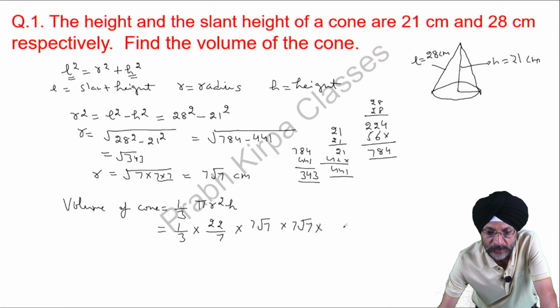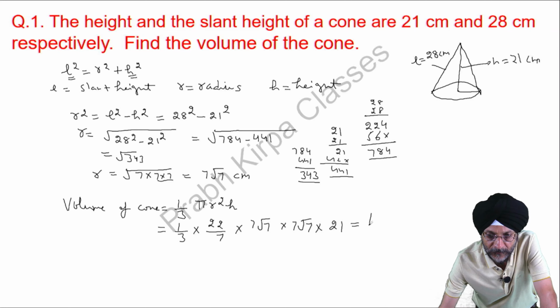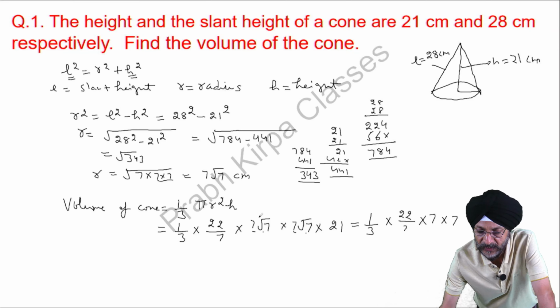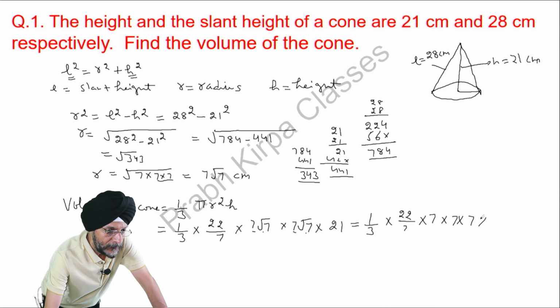Height's value is 21. 1 over 3, 22 over 7 into this 7 and this 7. And when this under root 7 and under root 7, one under root will go out. So here we will solve 7, 7, 3, 7.